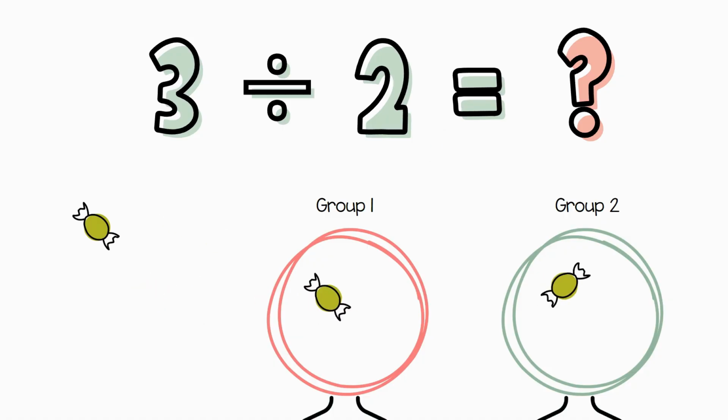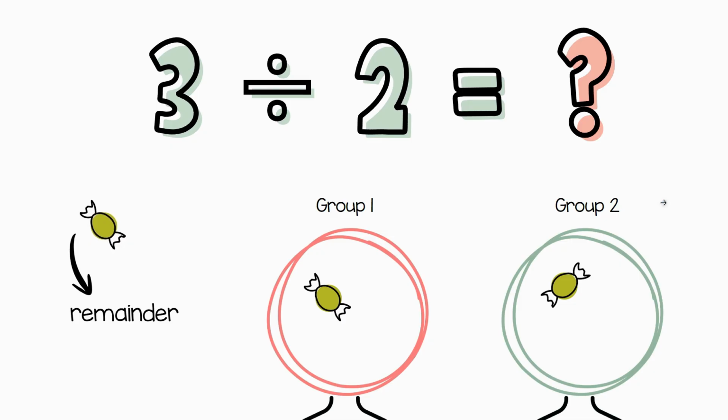1, 2. Uh-oh, but now we have a problem because we have something called a remainder. A remainder is when you try to divide a number evenly into groups, but there's something left over. By adding it to the group, you would end up with uneven groups, so it must be left out.